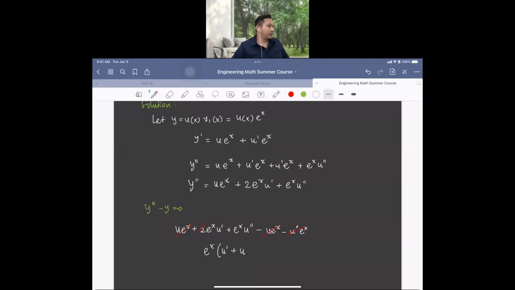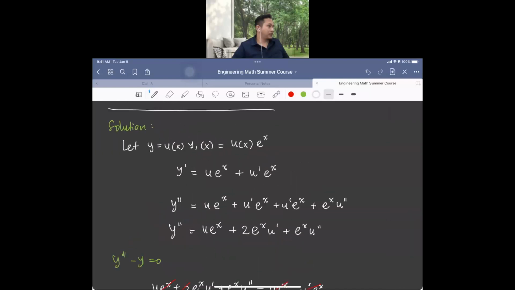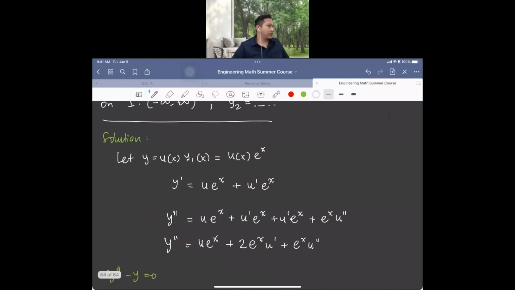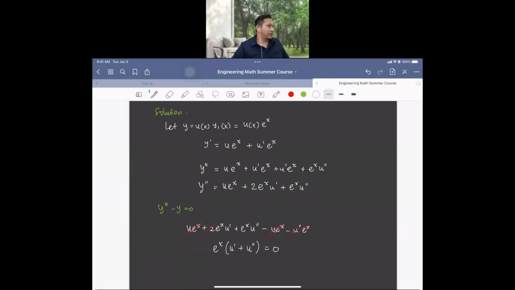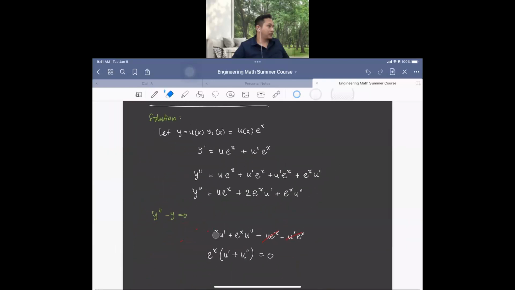Is this correct? Oh, sorry. It's supposed to be y, so this was a wrong conclusion.